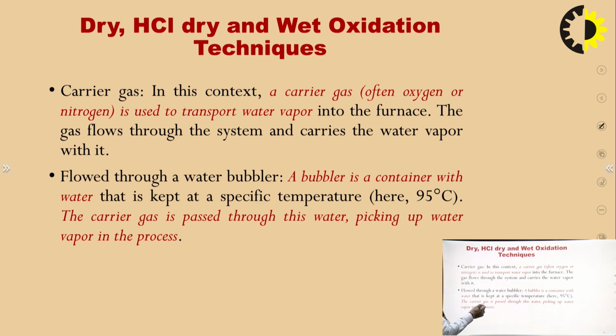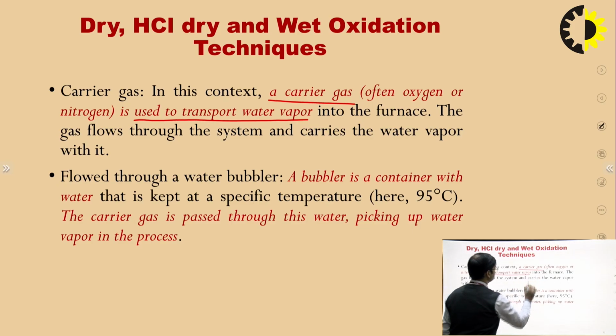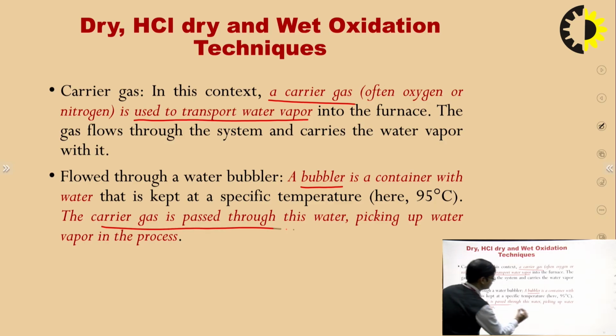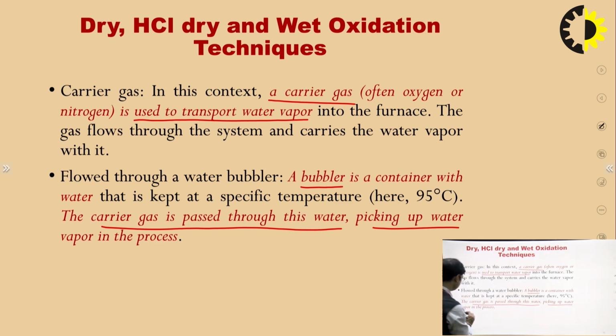In this case, we also use oxygen or nitrogen as a carrier gas to transport the water vapor into the furnace. What is a bubbler? A bubbler is a container with water that is kept at a specific temperature. When the carrier gas is passed through this water, it picks up water vapor and takes it to the silicon wafer where the oxidation takes place.